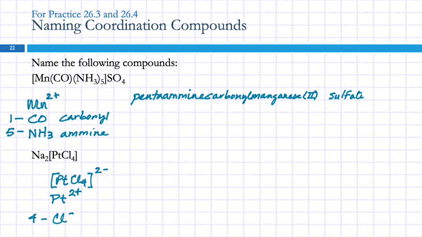So the cation gets named first. The cation is sodium. Here, there's only one kind of ligand, so we don't have to worry about order. But that's going to be tetrachloro. And then this is a negative complex ion.